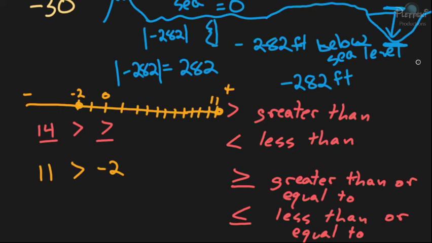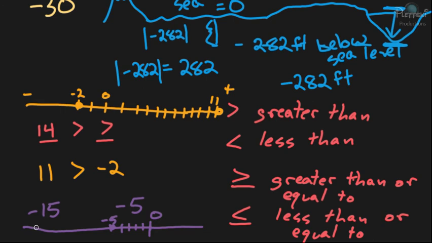Let's try a couple more. Let's do -15 and -5. Okay, now we have two negative numbers, but remember the one farthest to the right is going to be the larger one. And I'll draw another number line down here. I'm not going to put all the details on here, but you have 0, then -1, 2, 3, 4, 5. -5 is there.